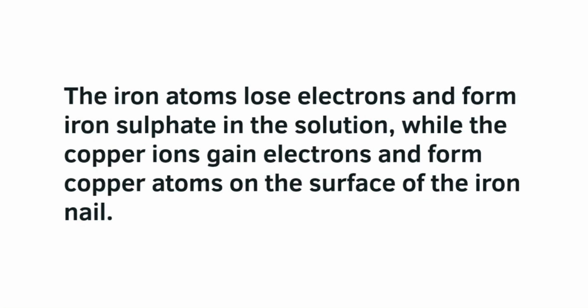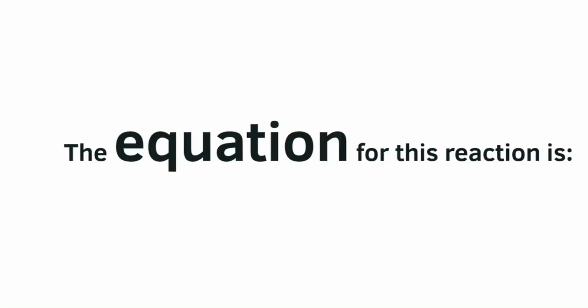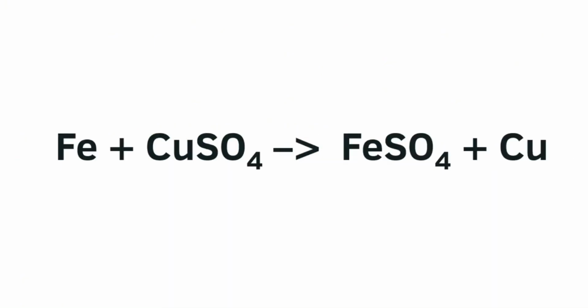So the iron will lose its electrons and form iron sulfate in the solution, whilst the copper ions are going to gain these electrons and form copper atoms on the surface of the iron nail. So the equation for the reaction is as follows: iron plus copper sulfate to form iron sulfate plus copper.